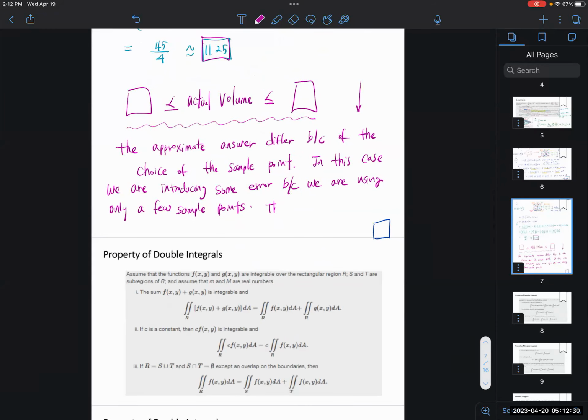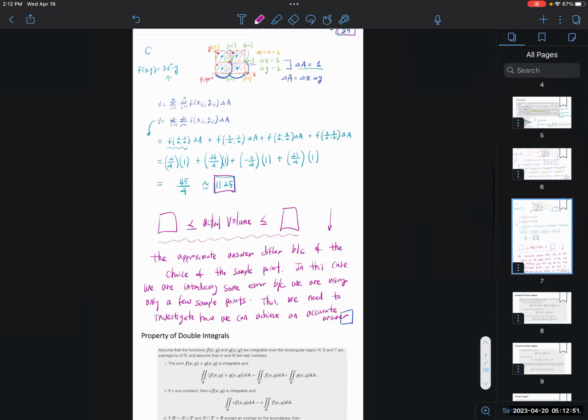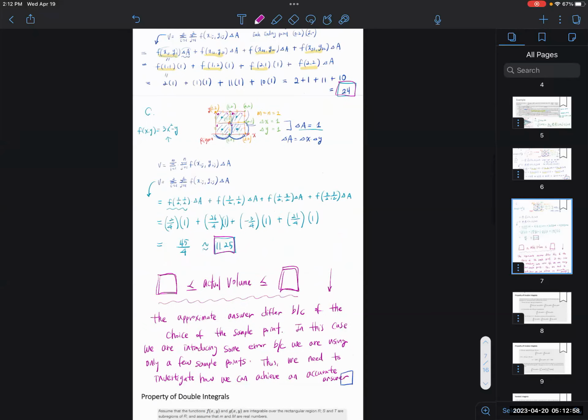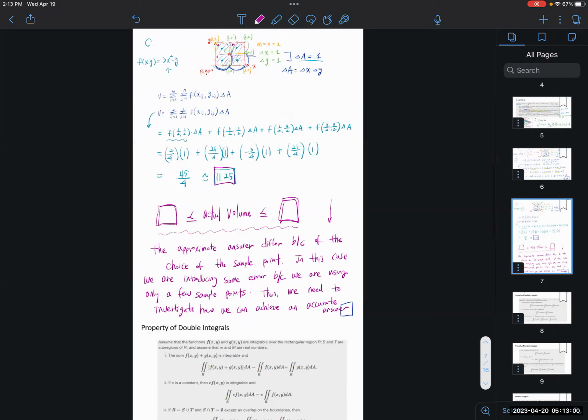Therefore, we need to investigate how we can achieve an accurate and better answer. We need to test more. But it's going to be between some range. And the more different sample points you choose, the gap between here is going to be smaller.